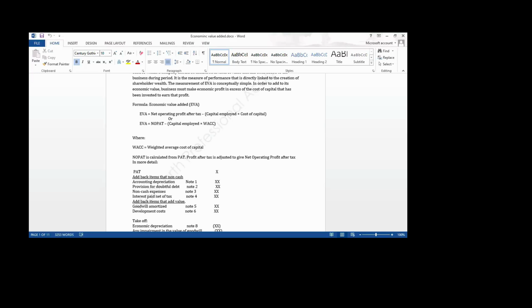If you develop a product and you have incurred expenses, inasmuch as that product is giving revenue for many years, the development cost will also be spread over the number of years the revenue will be enjoyed. It will be wrong to deduct that development cost in one year. That's why we are adding back development cost.